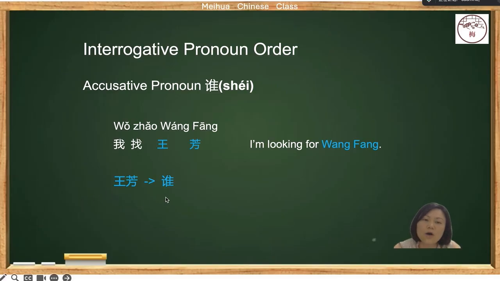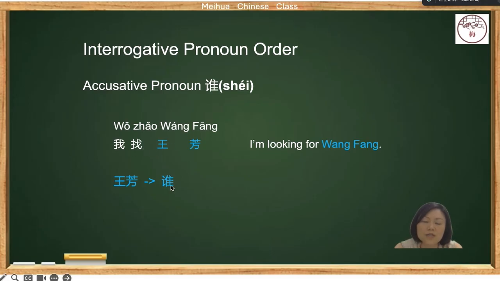So we should put this pronoun at the same place as in the declarative sentence. Before I give the answer, can you guess what we should say for this interrogative sentence? We just replace the counterpart in the declarative sentence. 我找. Instead of saying 王帆, we should say the pronoun, right? 我找.